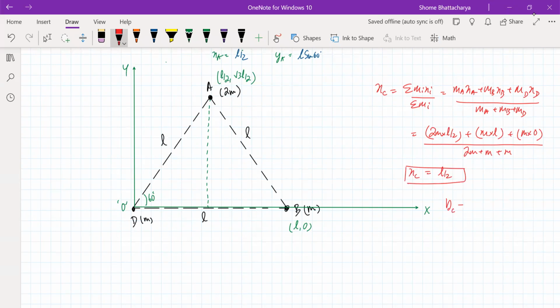Similarly, the y coordinate. Let's write that directly. A's is 2m into root 3 by 2 L. B's and D's are both 0.